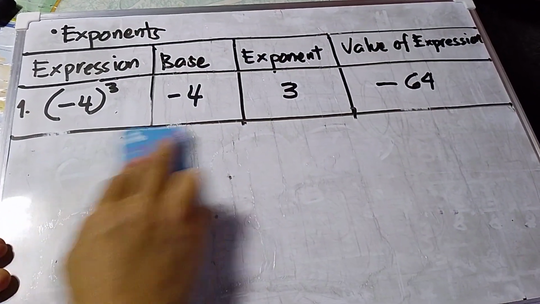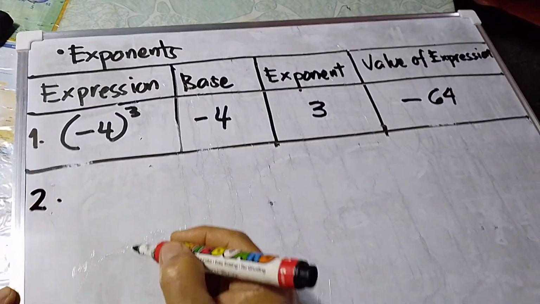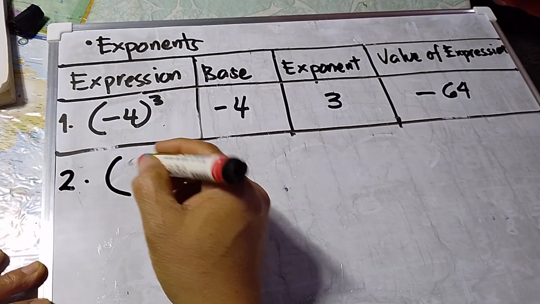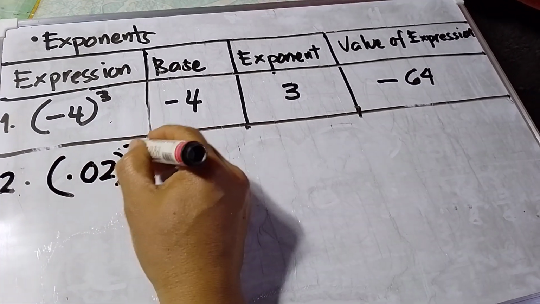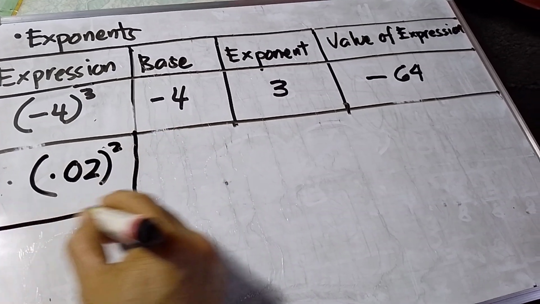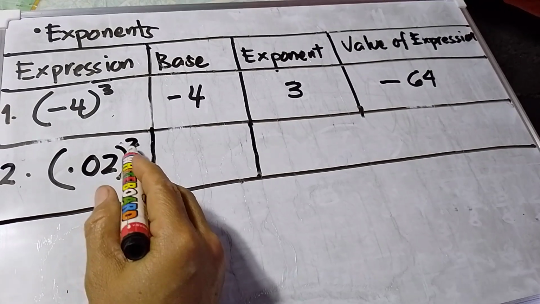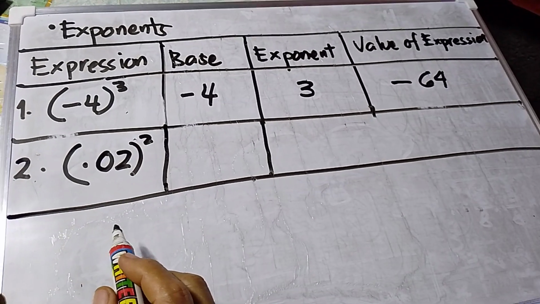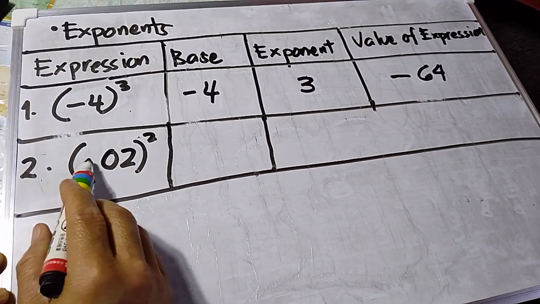So let's move to number 2. Number 2 is a decimal, 0.02 to the power of 2. Okay, so the exponent is even. So the answer must be positive if in case this is negative in here.